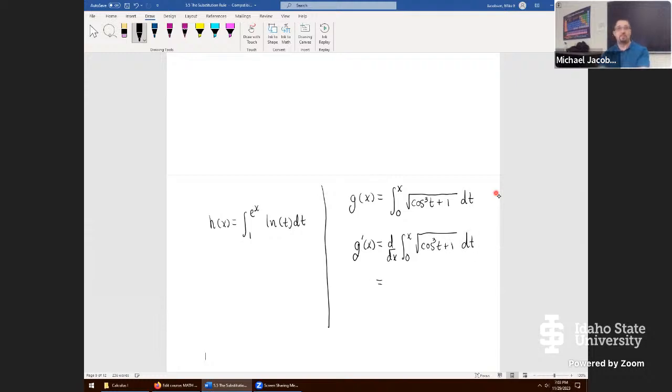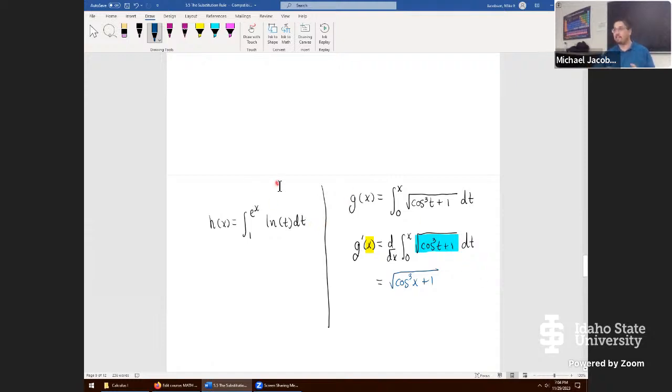So fundamental theorem of calculus part 1 says, if you differentiate a function that finds the area under that curve from 0 to x, what you get is this stuff, exactly the way it's written, except for one change. If the variable is x to start, the variable stays x and goes the square root of cosine cubed x plus 1, and now your work is done. Does that make sense there on using the fundamental theorem part 1?